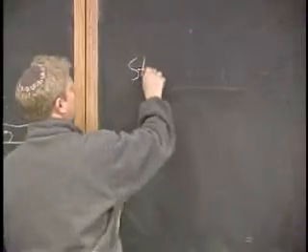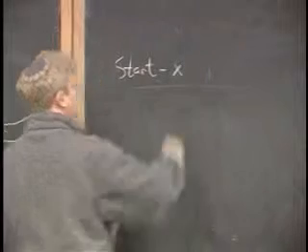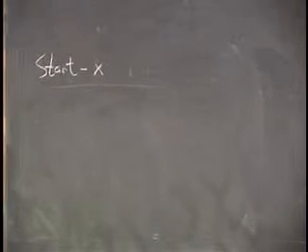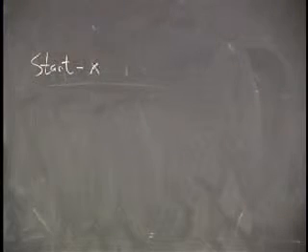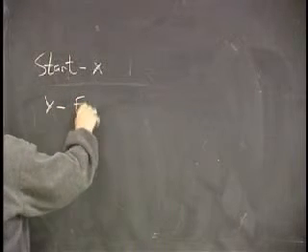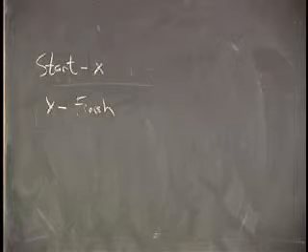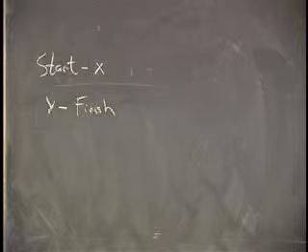So here are the rest of the things we have to handle. We need to handle edges that go from start to something else, and edges that go from something else to finish. These edges look a little different from the others because we want them to be terminating points.